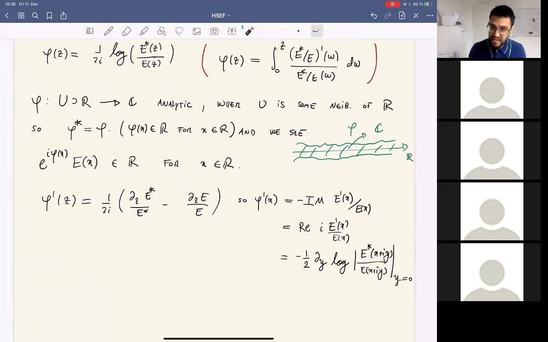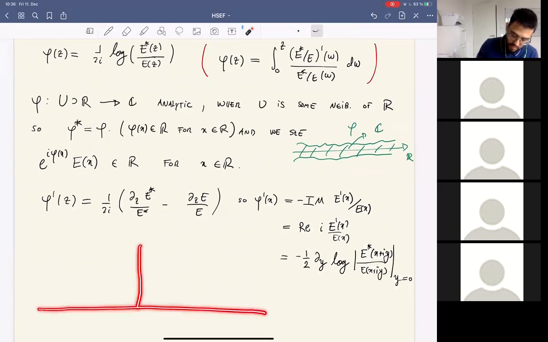But then, because E* is strictly less than E in modulus on the upper half plane, E is a Hermite-Biehler function. It means that when you go to the real line, at y equals 0, going in this direction is larger than going in the other direction.